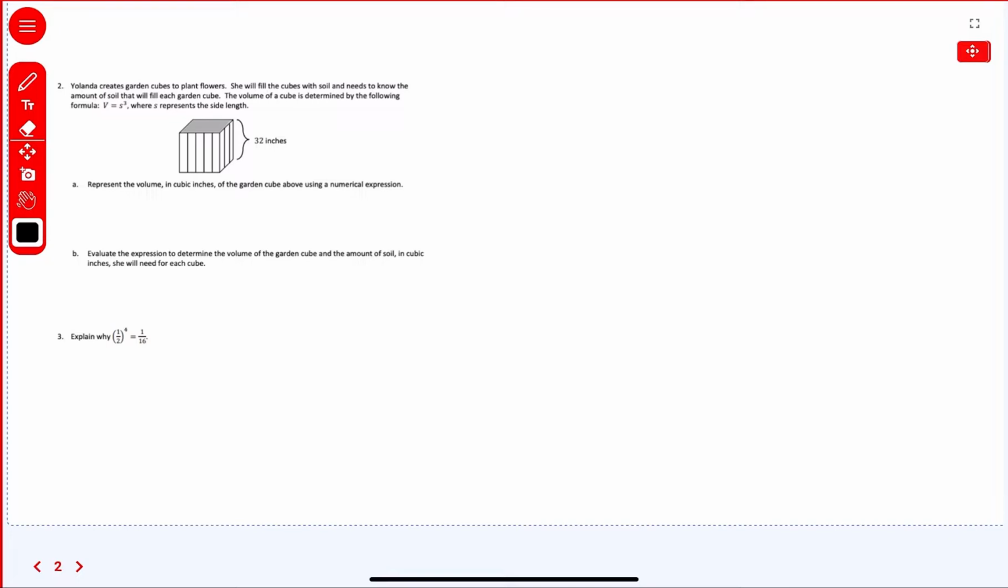The volume of a cube is determined by the following formula. V is equal to S cubed. That's the reason why we call it S cubed, S to the 3rd power, where S represents the side length. Represent the volume in cubic inches of a garden cube above using a numerical expression. So that would be what? 32 cubed, which equals 32 times 32 times 32.